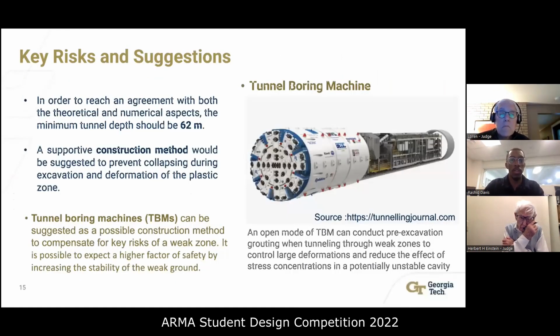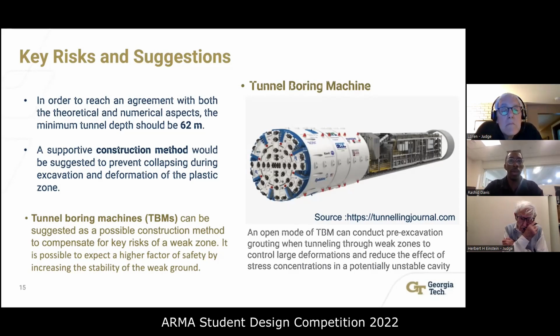So here are the key risks that we found from this project. To reach an agreement between both the theoretical and the numerical aspects, from the Kirsch solutions to the FLAC 2D model, we found that the minimum tunnel depth should be 62 meters.